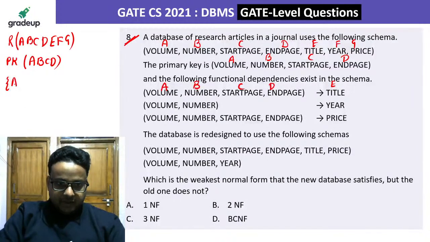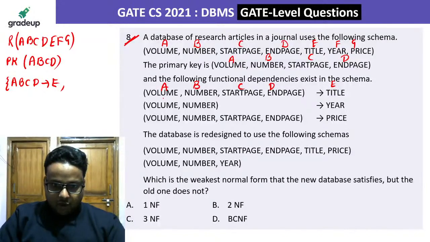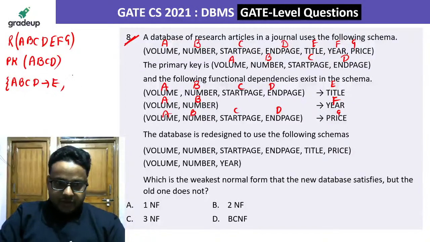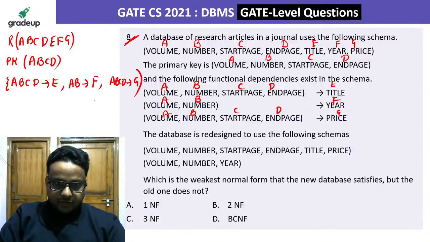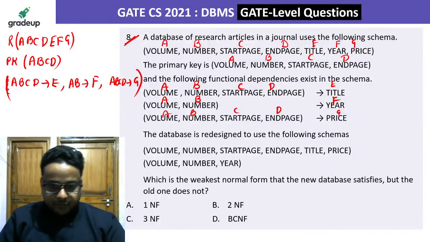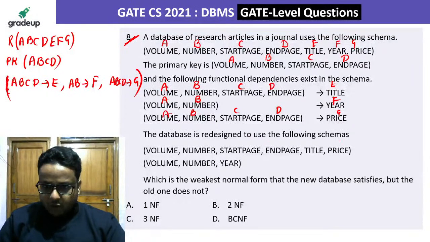So the first FD is ABCD determines E. Next, volume A and number B determine year. Year is F. And ABCD determines price. Price is G. So next is AB determines F, and one more FD is ABCD determines G. Okay, these are the FDs. The database is redesigned to use the following schemas.